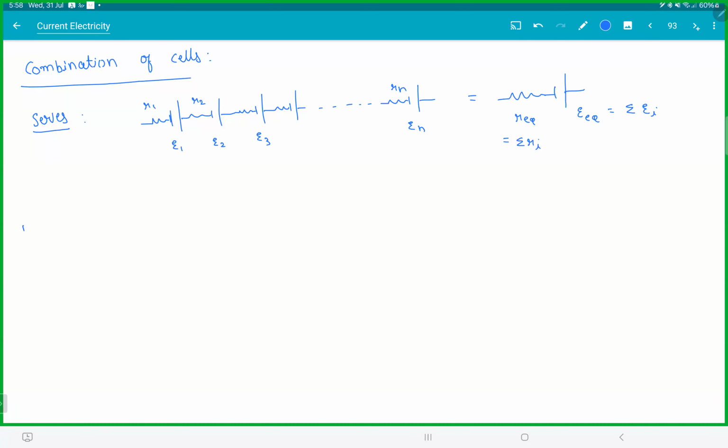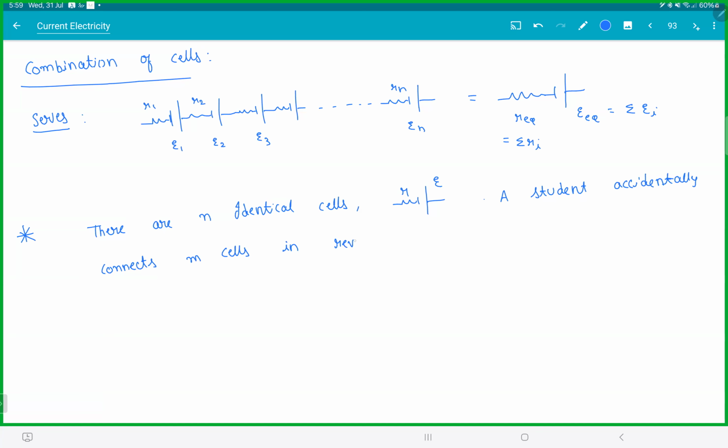Now in this, there was a question like this in the exam. There are n identical cells, and a student accidentally connected m cells in reverse polarity. So we have n cells like this, all identical.